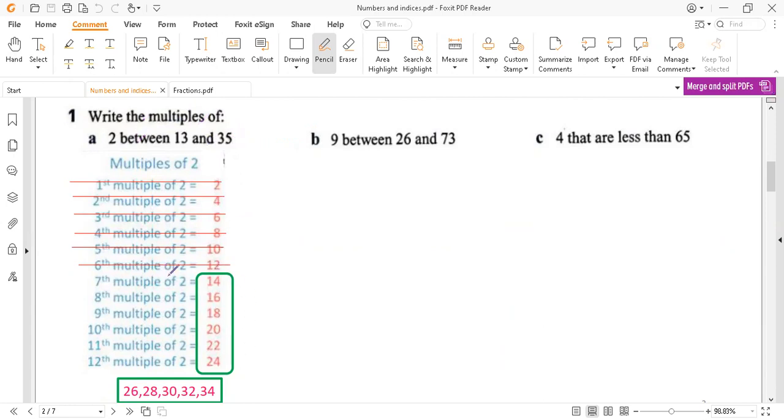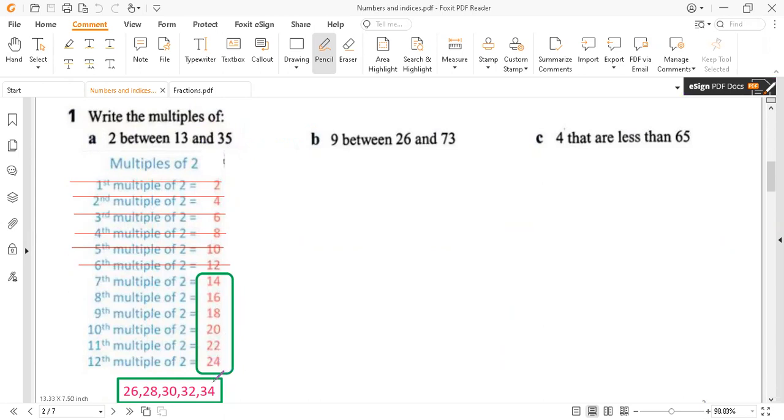If we give the seventh multiple of 2, we obtain 14. 14 is accepted, and all the following ones are also accepted. For example, 2 by 12 is 24. 24 is between 13 and 35, so accepted.